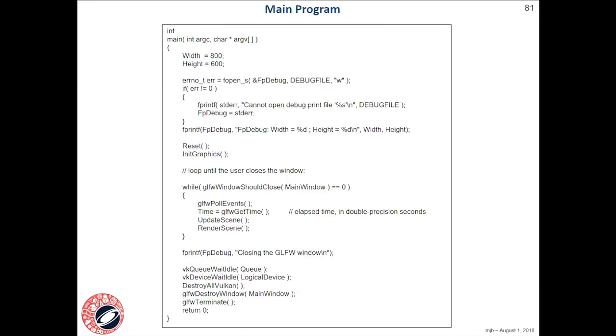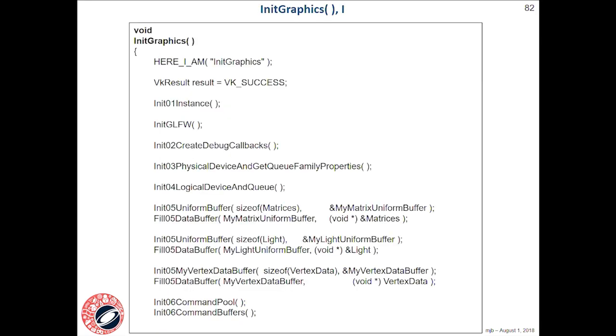I'm not going to go through this a line at a time. You've got the notes, you've got the sample code, but I do want to every so often point out something really good. There's a function in there called initialize graphics. That's got everything in it.